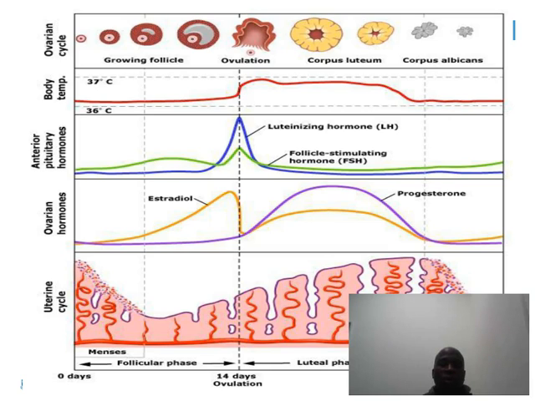If you look at the ovarian hormones, such as estradiol and progesterone, just prior to ovulation, estradiol levels increase, and then soon after ovulation they go down, and then progesterone takes over. As you know, progesterone is a pregnancy hormone.